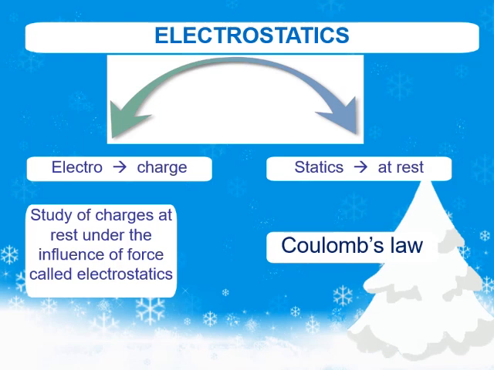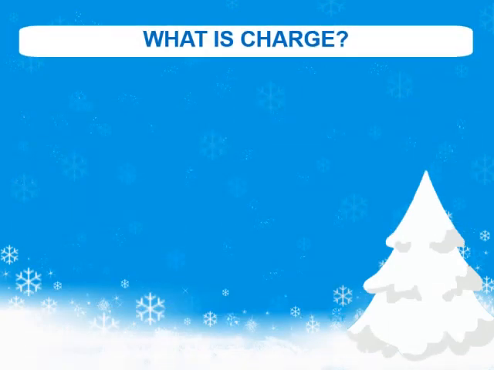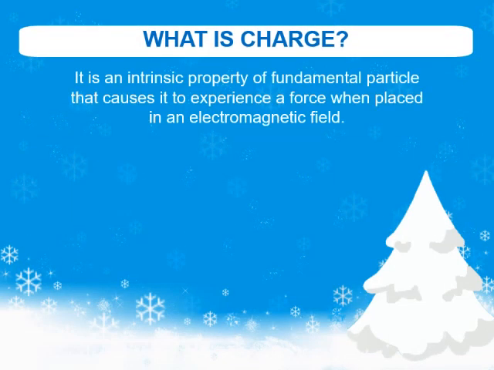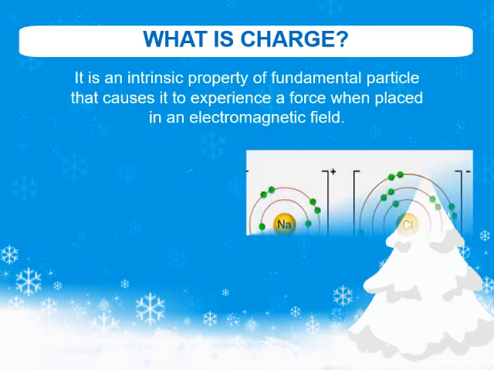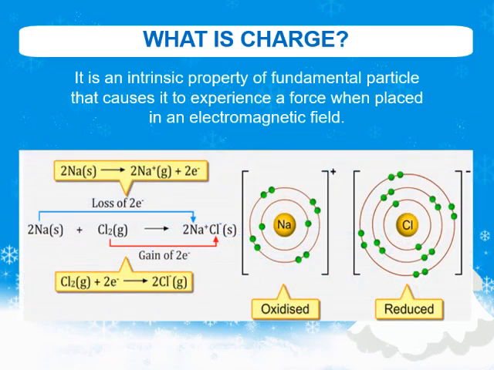Now, what is charge? Charge is an intrinsic property of a fundamental particle that causes it to experience a force when placed in an electromagnetic field. To understand it, let's have an example of sodium and chlorine. In case of sodium, there are 11 electrons, while in case of chlorine, there are 17 electrons.